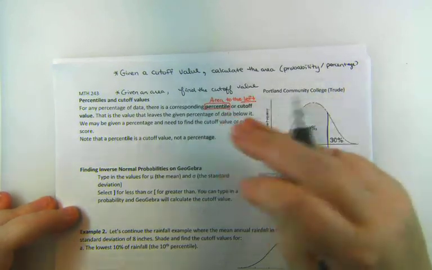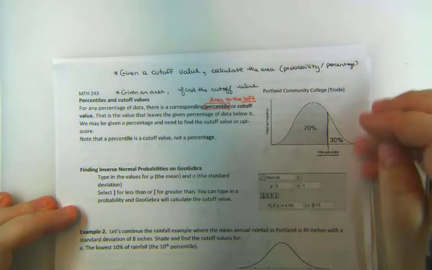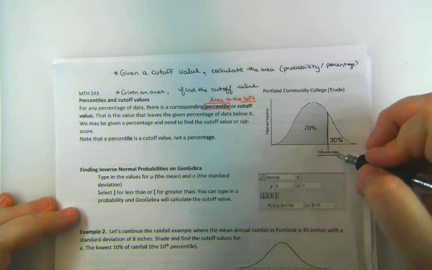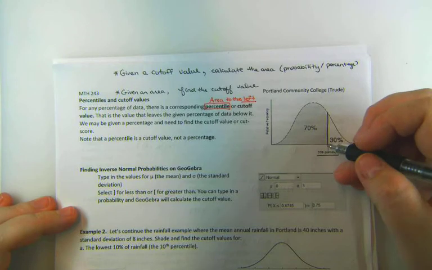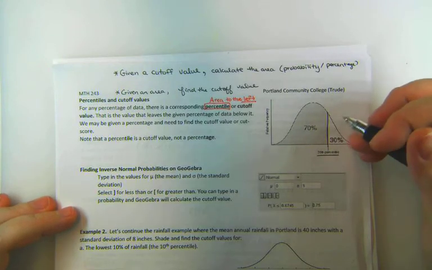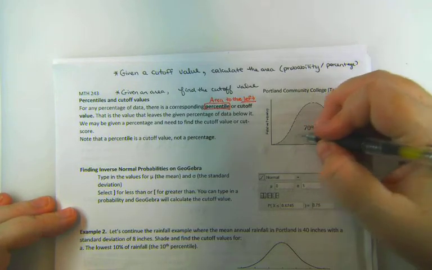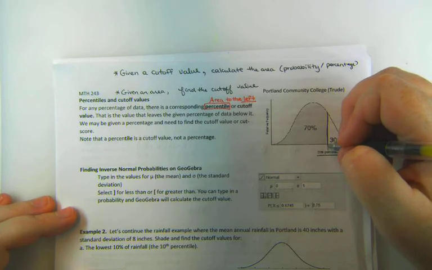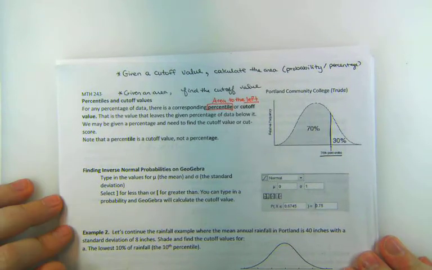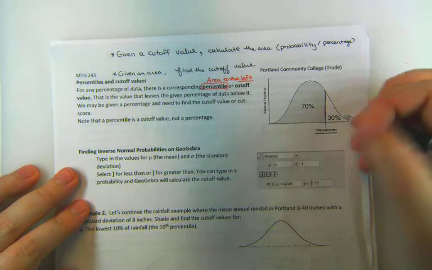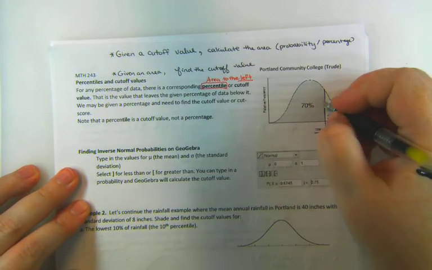And this terminology is used in the real world. If you do any sort of testing and you test really well, they'll tell you you're in the 95th percentile, telling you that you're above 95% of the other people that took the test. So you can tell how far above everything else you are.